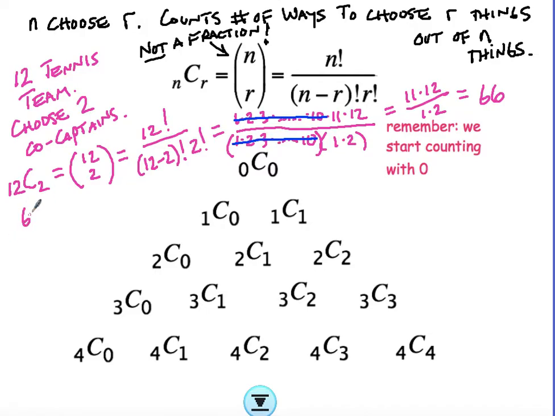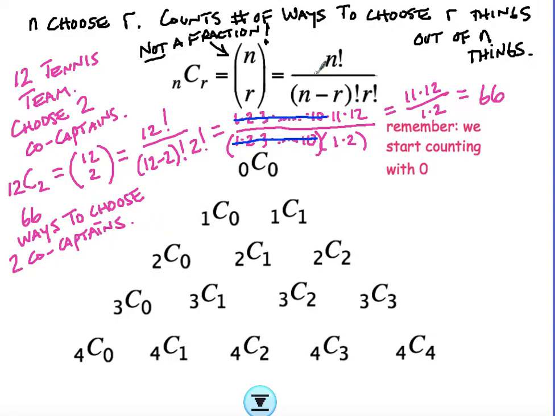So that means that there are 66 ways to choose 2 co-captains out of 12 people. Okay, so that is in a nutshell what this all represents.